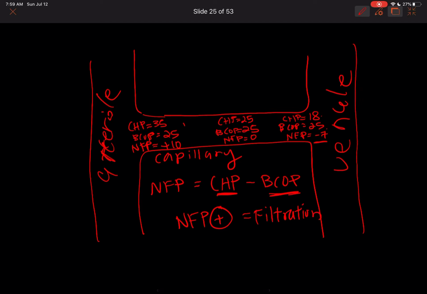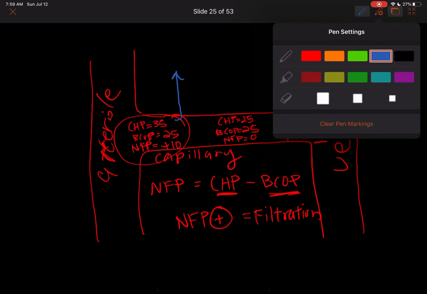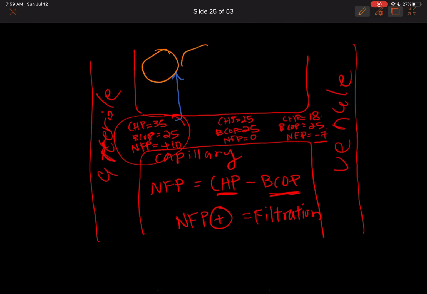So that's why this one here being a positive value is what allows fluid to move out from the blood into your interstitial fluid or tissues. Okay, so I'm just going to draw some tissues here, cells.